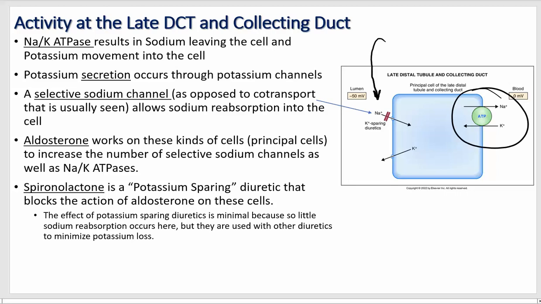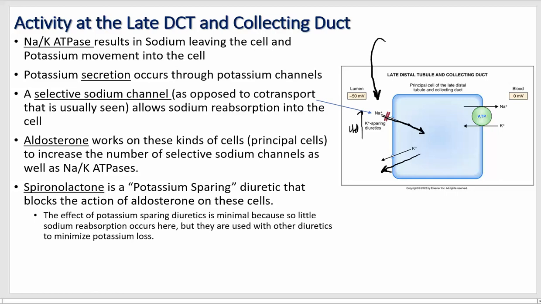Now, the good thing about this is that when we shut it down, the reabsorption of sodium is linked to potassium leaving, and of course that's going to increase your water.